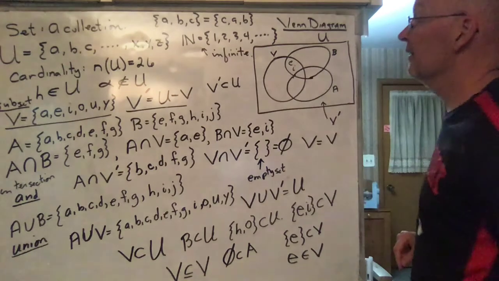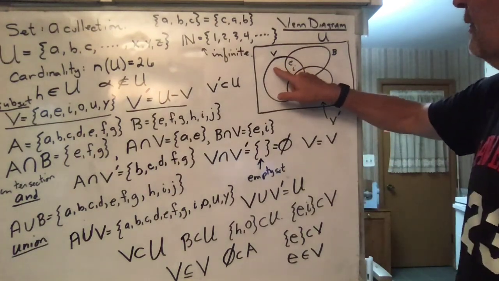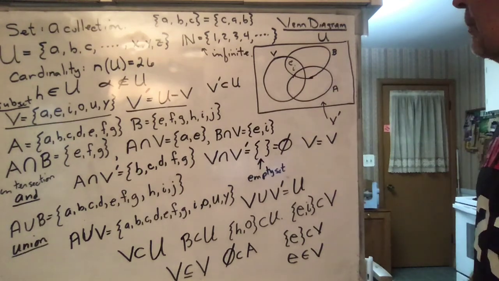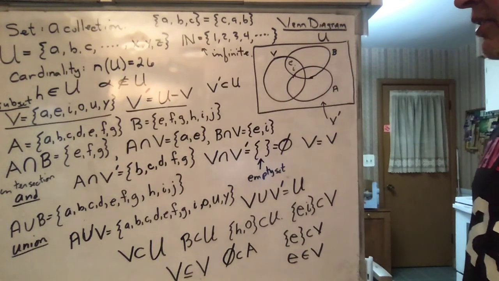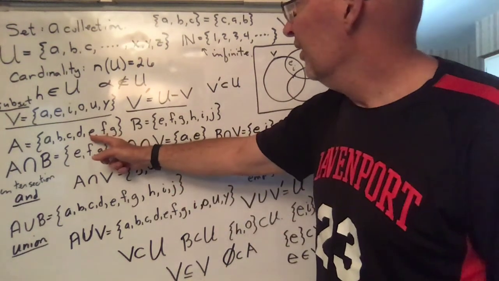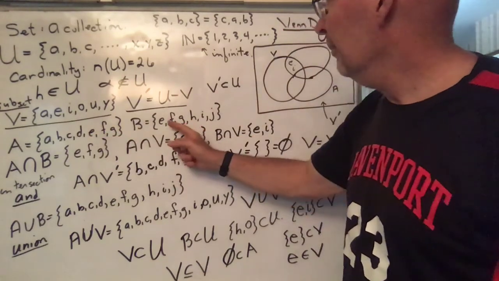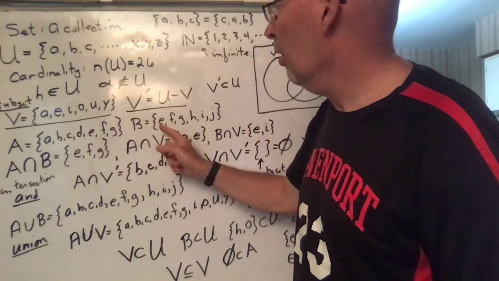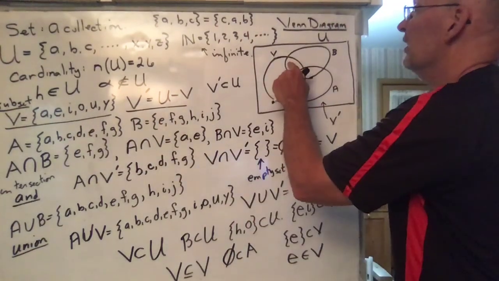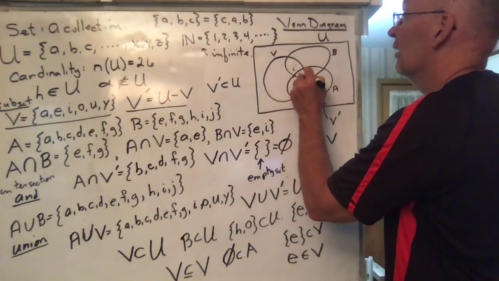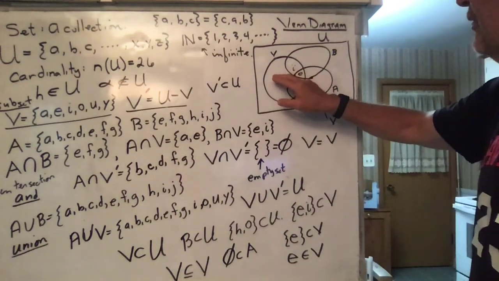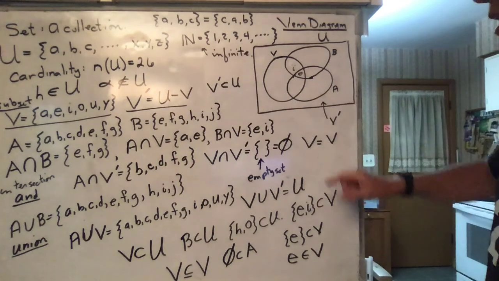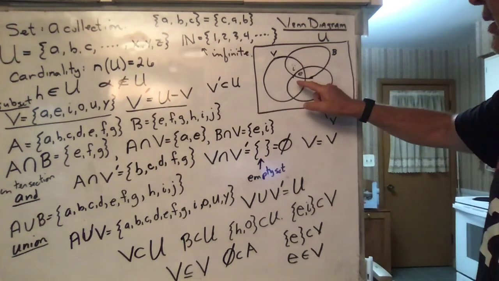I would be right there because they are in both the set V and they're also in the set B. In fact, E is in both A and B and V, isn't it? E is in all three of those. So E would be right there because it's in V and it's in B and it's in A. I would be right there.